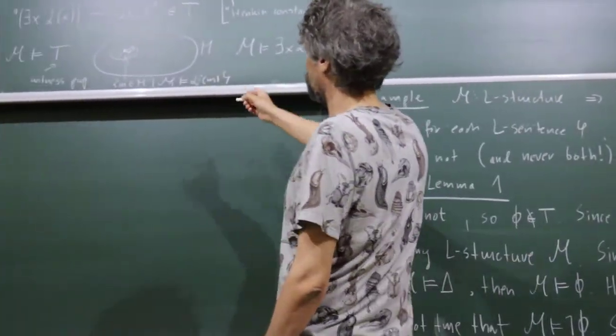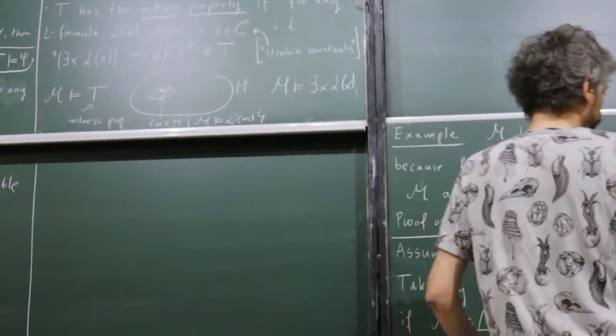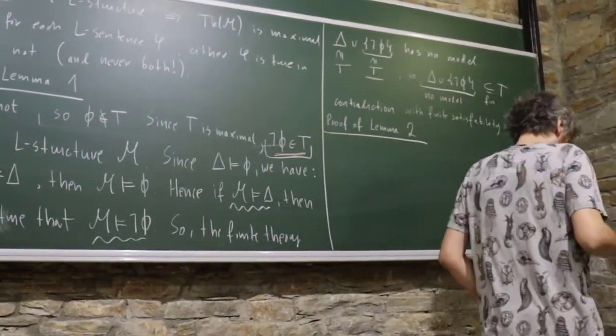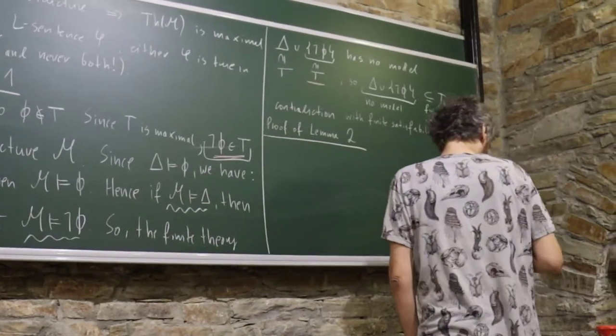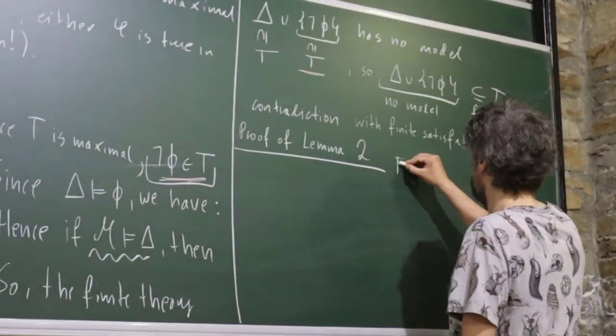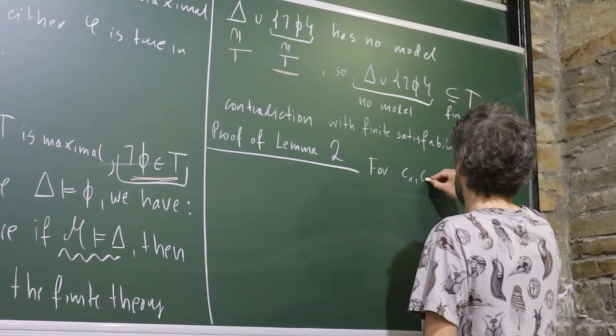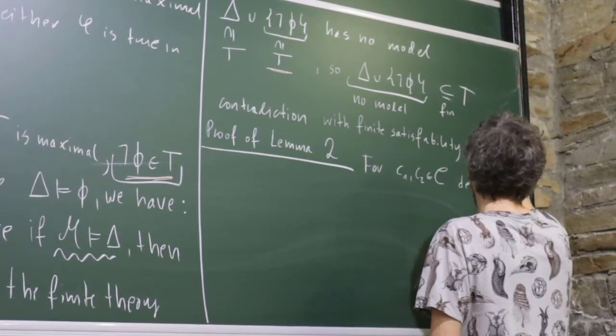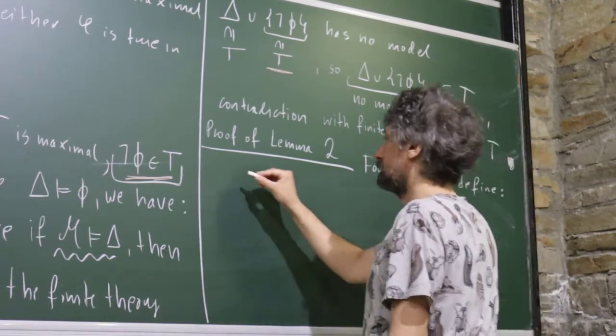We know there are a lot of them because of the witness property. So we put an equivalence relation on the constant symbols.